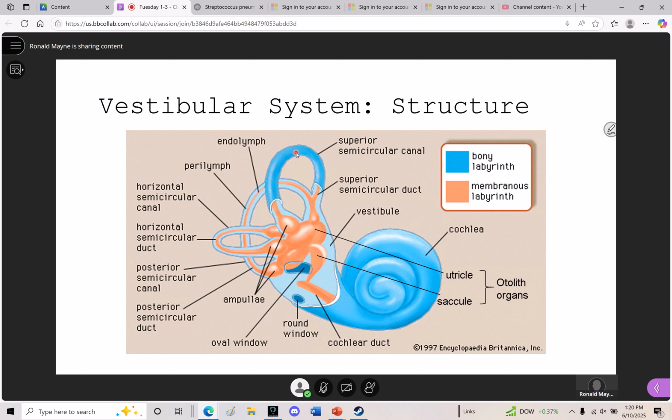Within the semicircular canals, you've got semicircular ducts with a D, not a K. At the base of the semicircular ducts, they balloon out. The ballooned out portion is called the ampulla. This is where the receptors are going to be for our semicircular ducts. The receptors are in the ampulla.